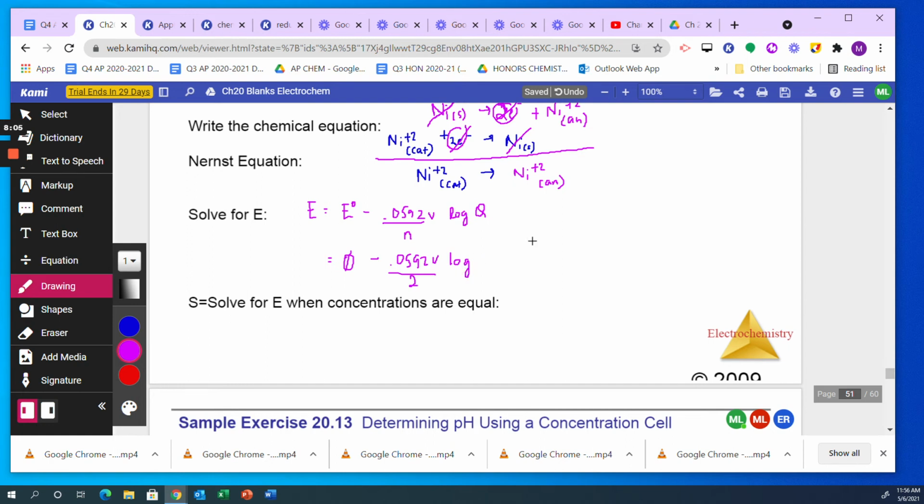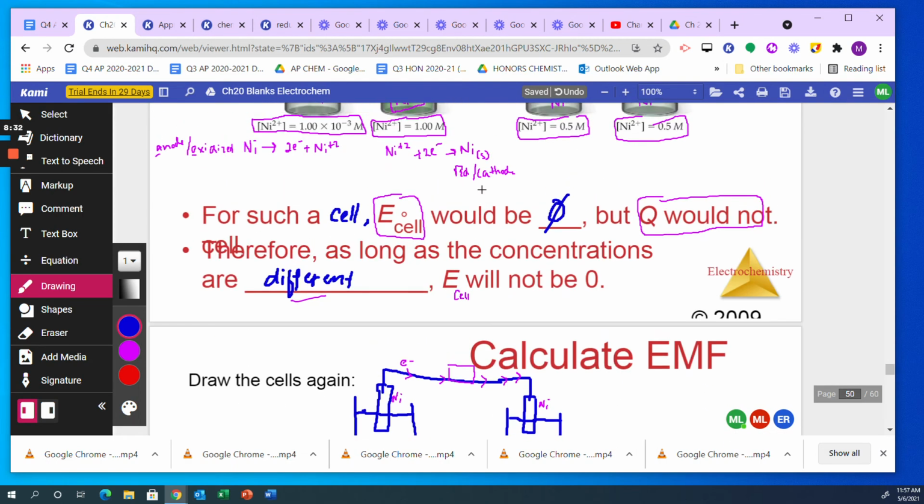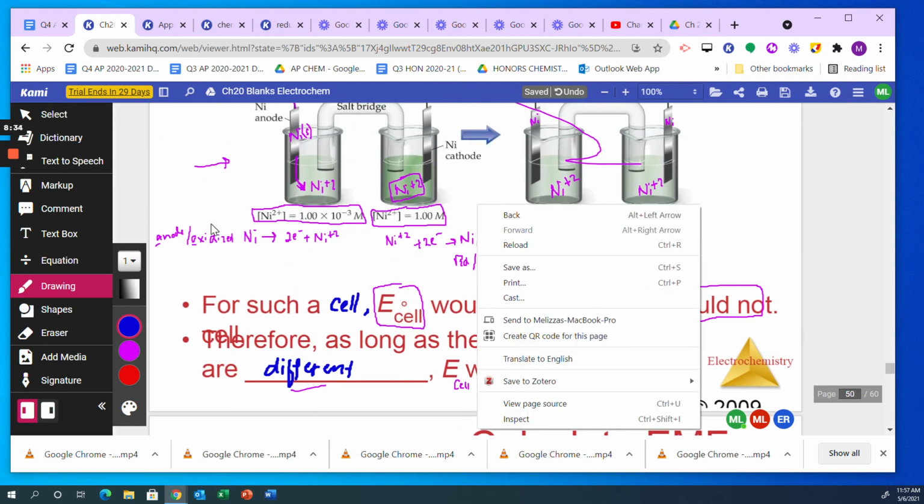I'm going to go ahead and solve for Q. Q is equal to products, nickel plus 2 in the anode over nickel plus 2 in the cathode. Plugging it in, nickel plus 2 in the anode. Looking at the picture here, this is the anode right here.